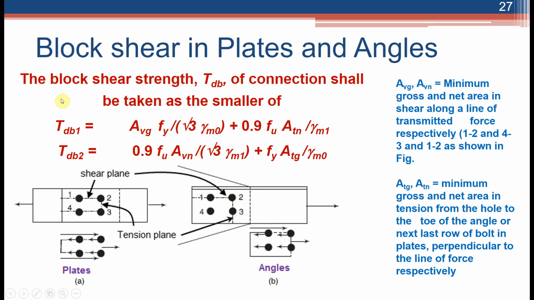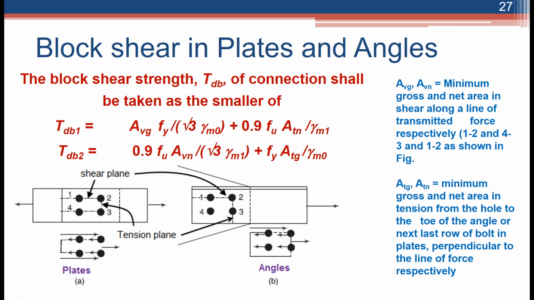So let us learn the block shear strength Tdb of the connection. Tdb shall be taken as the smaller value of Tdb1 or Tdb2. Tdb1 is Avg Fy upon root 3 gamma m0 plus 0.9 Fu Atn upon gamma m1, or Tdb2 is equal to 0.9 Fu Avn divided by root 3 gamma m1 plus Fy Atg upon gamma m0.